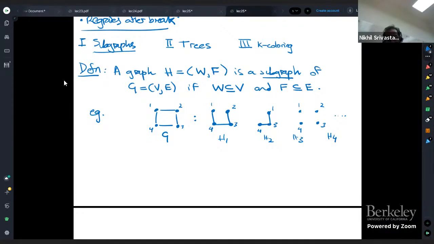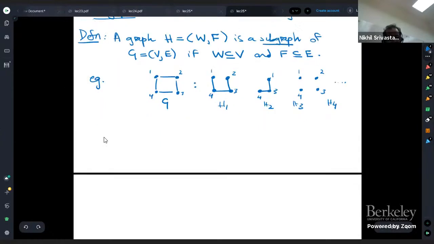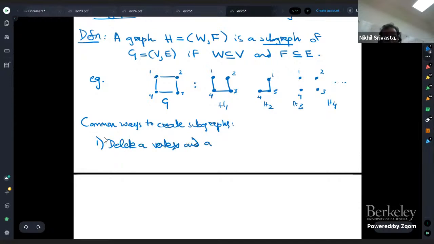So this example shows that there are a few standard ways to create subgraphs of a given graph that come up a lot. So here are some common ways to produce subgraphs. So the most common way maybe is just to delete a vertex and all of the edges incident with it.